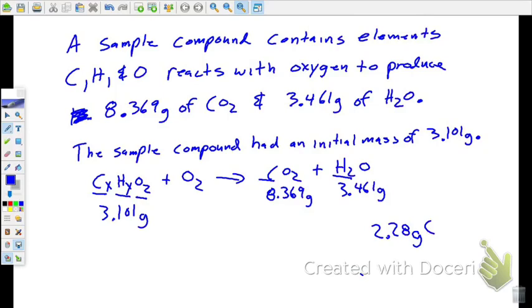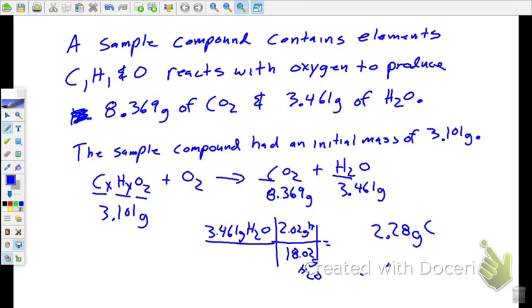So on the water, you take the 3.461 grams of H2O. You say for every 18 grams of H2O, you have 2.02 grams of hydrogen, which will give you a decimal form of the percent. And then you end up with an answer of 0.386. So I'm just going to put that down here, 0.386 grams of hydrogen.